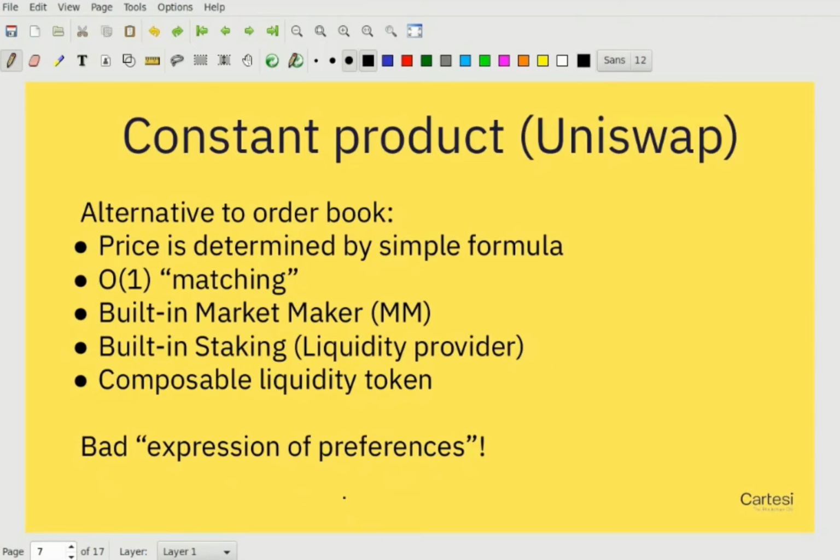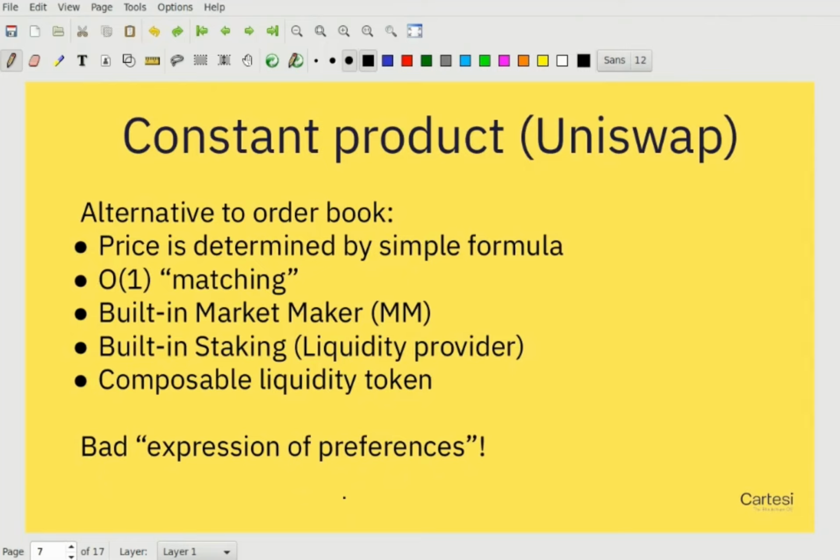An order book is, in a sense, the biggest expression of preference you can possibly have, except if you start to add complex derivatives. Like, okay, I want to sell the right to buy a future Ether by this much USD, starting from this date, but ending on that date.